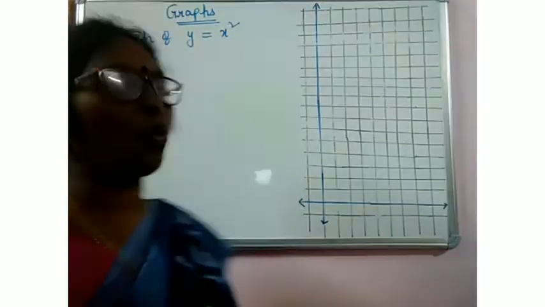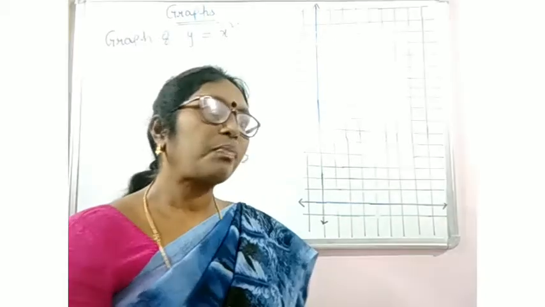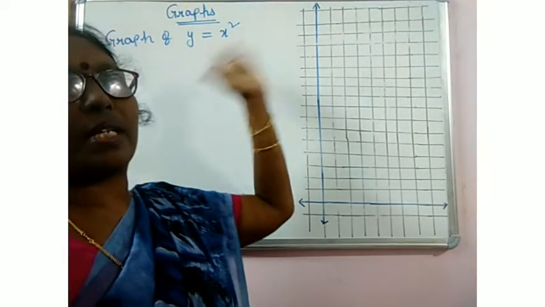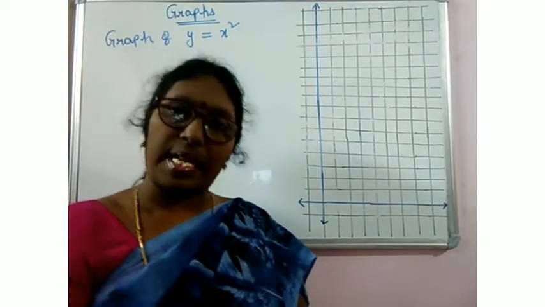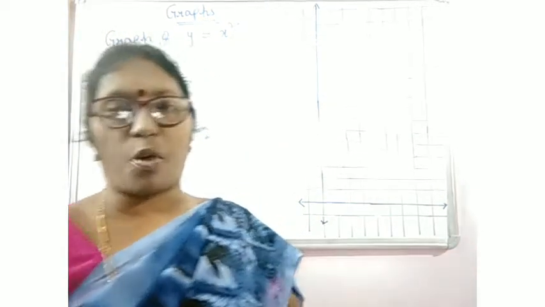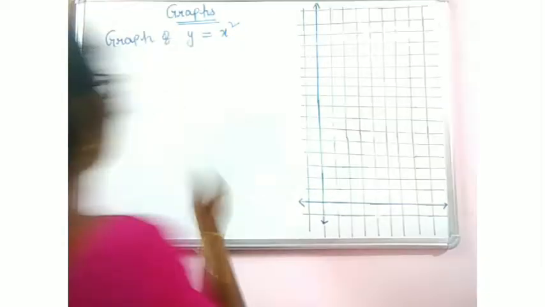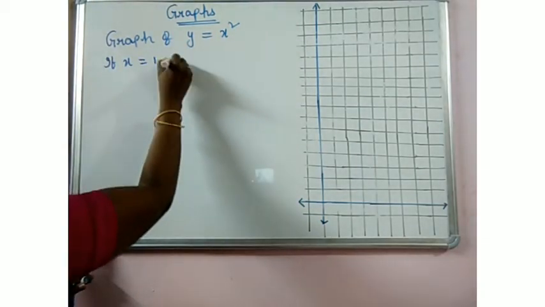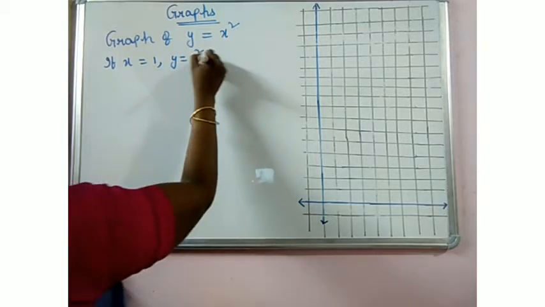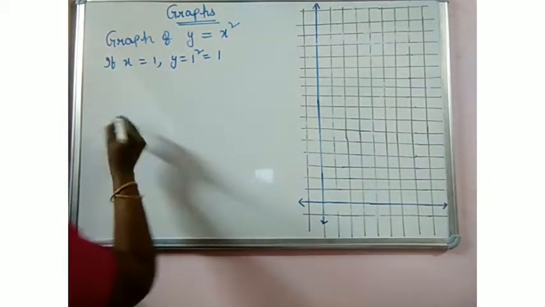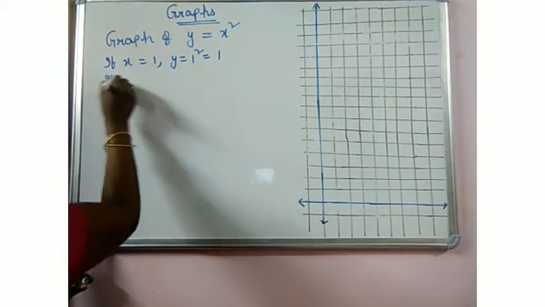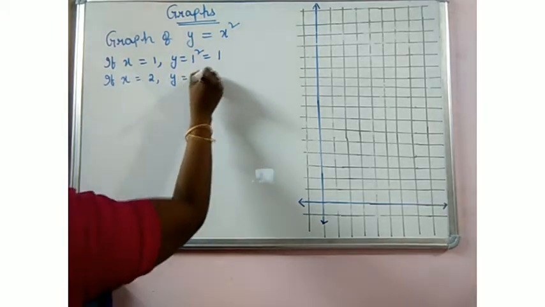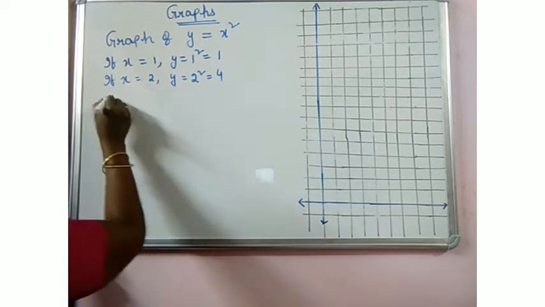Y is equal to x square. We have to take, if x equal to 1, what is the value of y? If x equal to 2, what is the value of y? And so on. Let me take first: if x is equal to 1, y is equal to 1 square, that is 1. If x is equal to 2, y is equal to 2 square, that is 4.